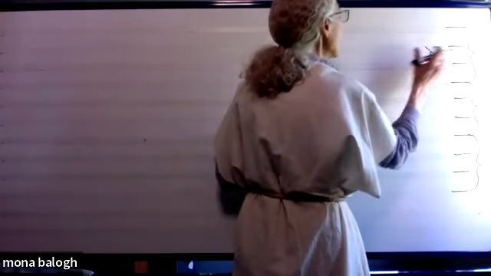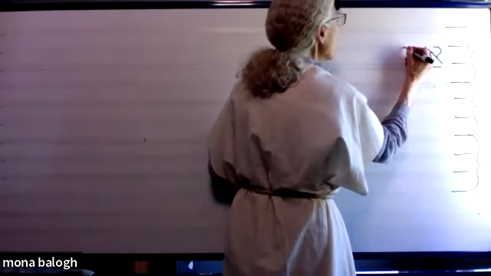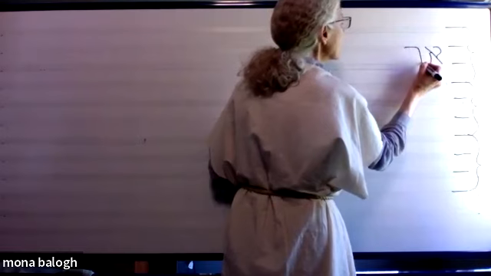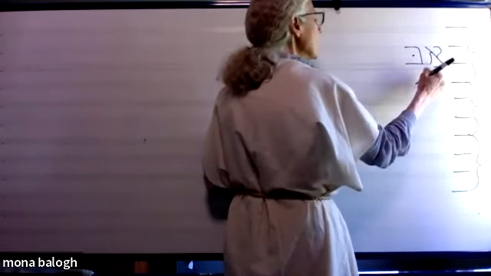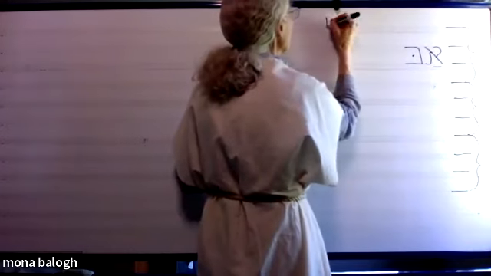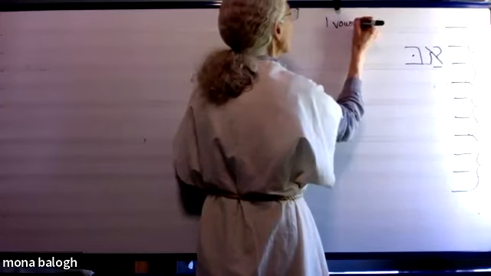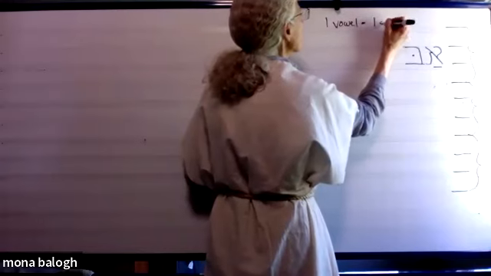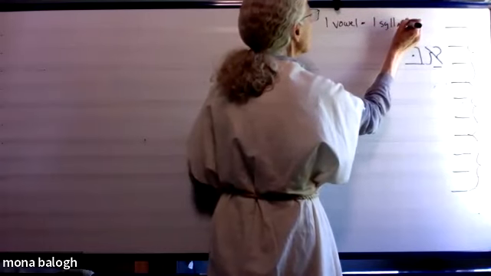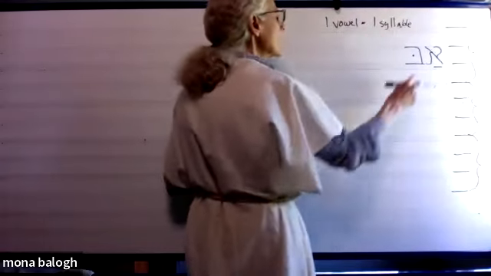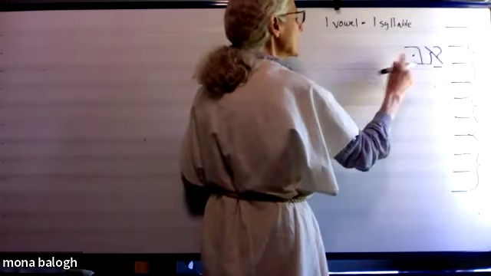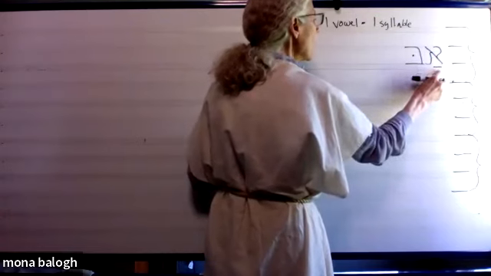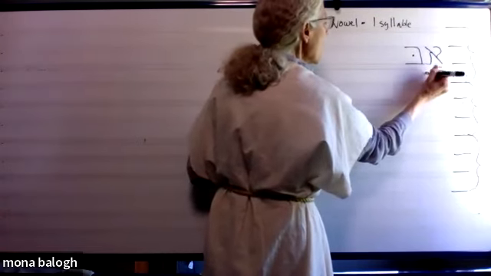Now we're going to combine two letters, ah with a bet, and one vowel equals one syllable is the rule. You can have two letters, but if you have one vowel, you only have one syllable. So Aleph, patach, bet is ab.